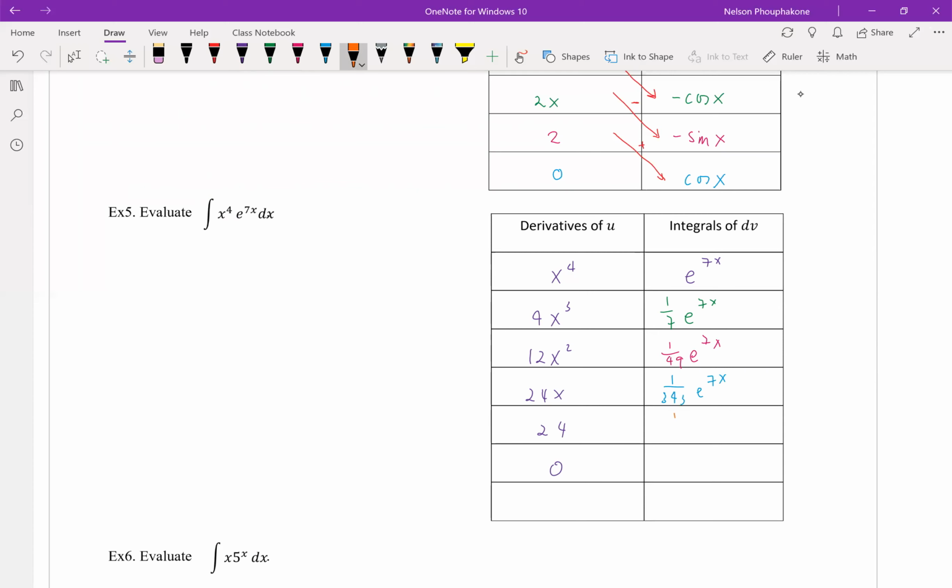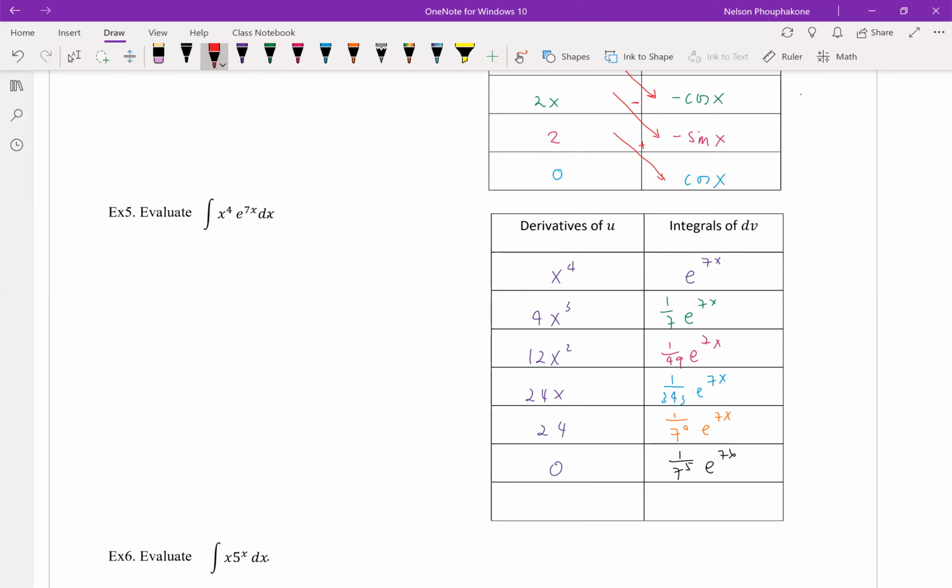I have 1 over 7 to the 4th power e to the 7x. The number is just too big. Okay, I have 1 over 7 to the 5th e to the 7x. And then I think that I could stop it here, huh?